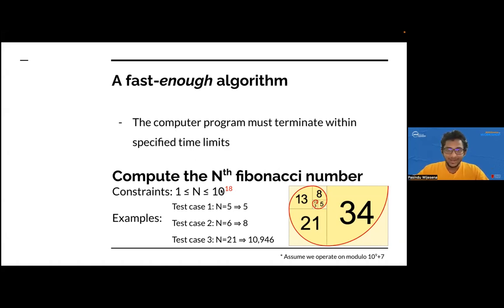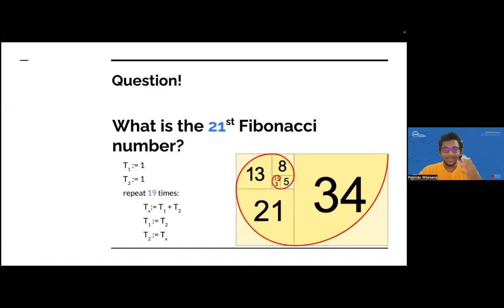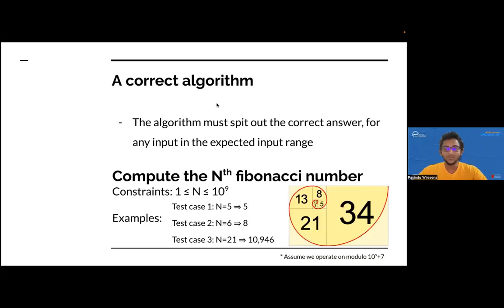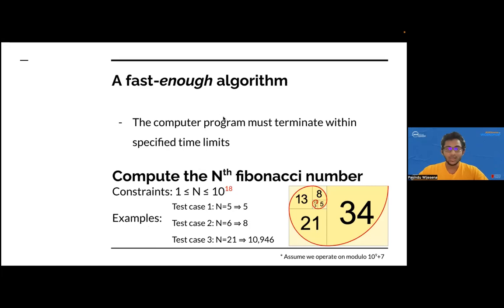So in this scenario, if we wanted to find the billion billionth Fibonacci number, with the algorithm that we have right now, which continuously computes the Fibonacci numbers one by one, we are going to have to find the Fibonacci numbers from 1 to the billion billionth number, or the 10 to the power 18th number.